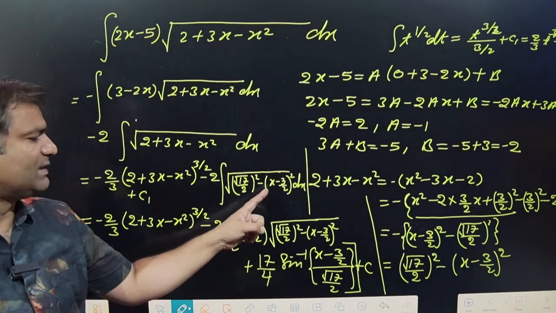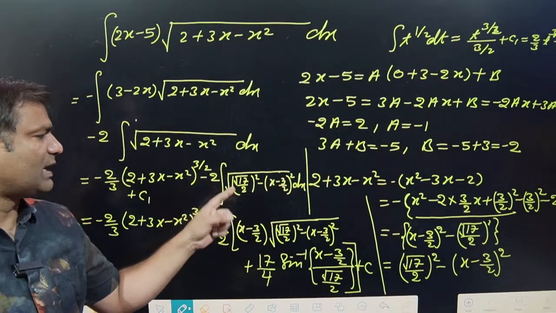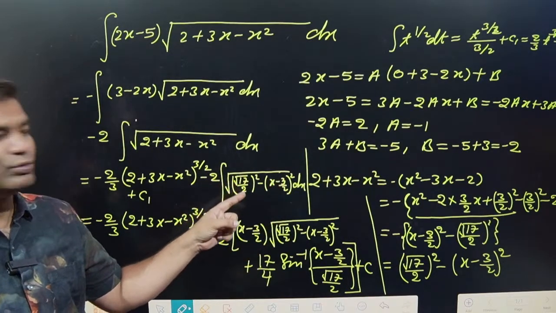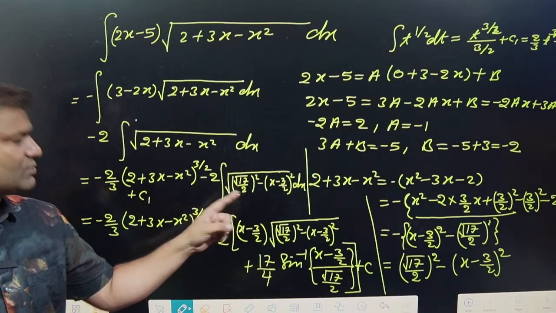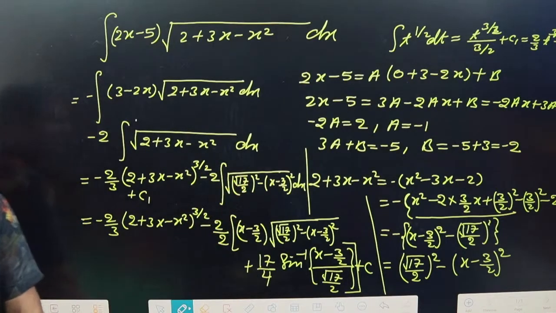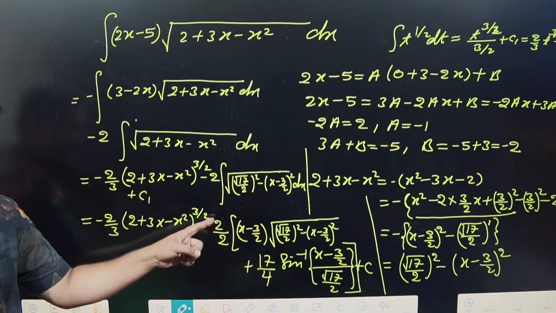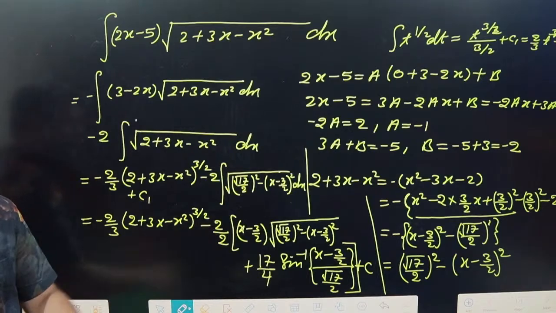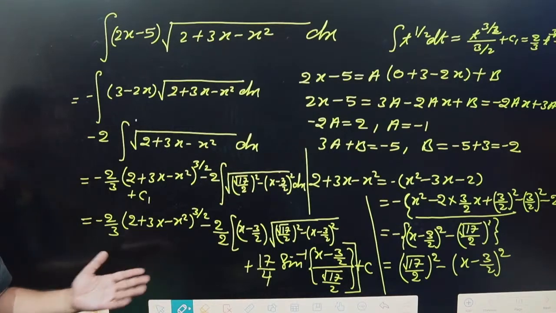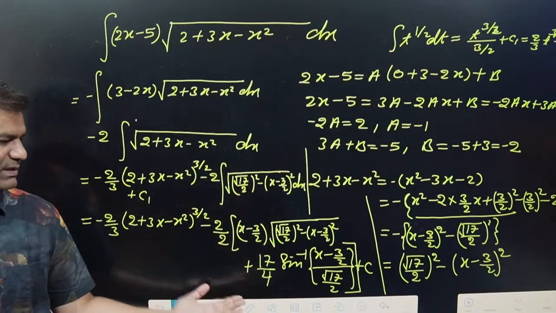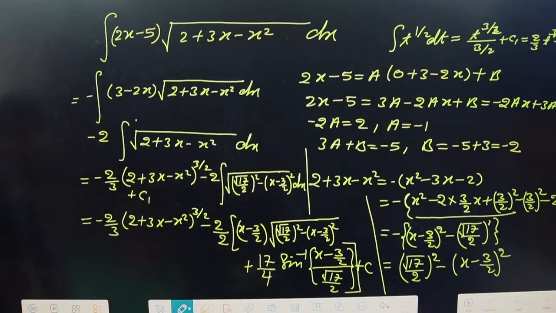Here x is basically x minus 3 by 2, and a is root 17 by 2. Put that value, 2 by 2 cancels, and find the answer. This one is basically the answer. If anyone faces any doubt at any step, then comment it. I will discuss again.